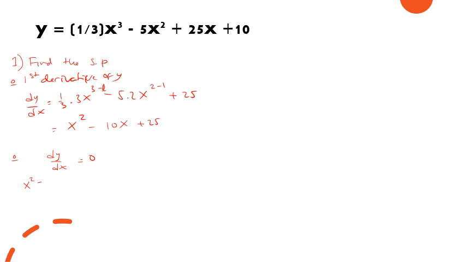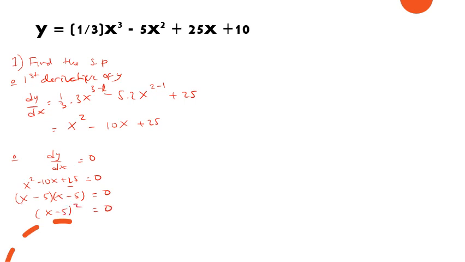x quadrat minus 10x plus 25 is 0. And here are the factors of that: x and x, and 5 and 5, because it is minus. So you see here that this is the same as (x minus 5) quadrat.